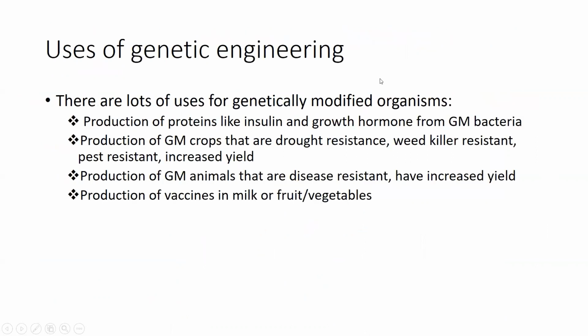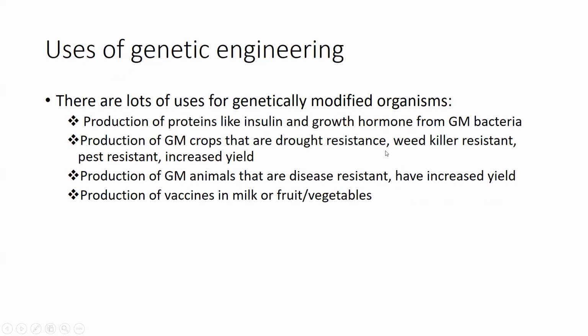So what do we use it for? So they're not going to ask you for specific uses, but they will ask you to evaluate uses. So we know we use it for things like making proteins, insulin, growth hormone, for example. We use bacteria for that. We can produce genetically modified crops using bacteria that infect crops, making them drought resistant, weed killer resistant, pest resistant, increase their yield.